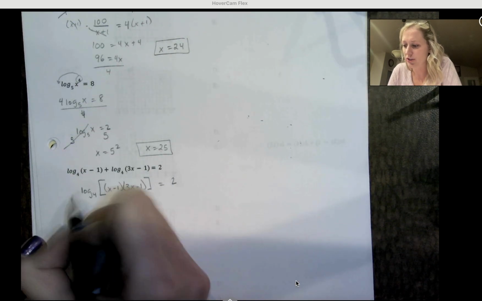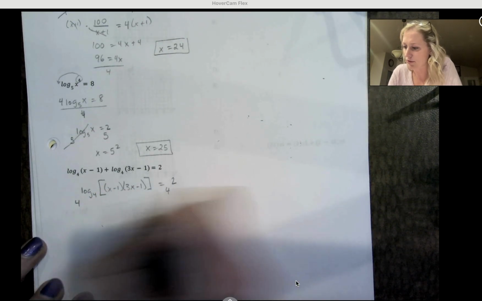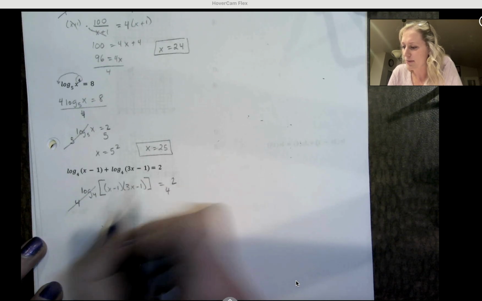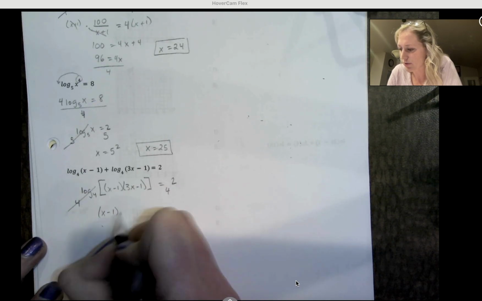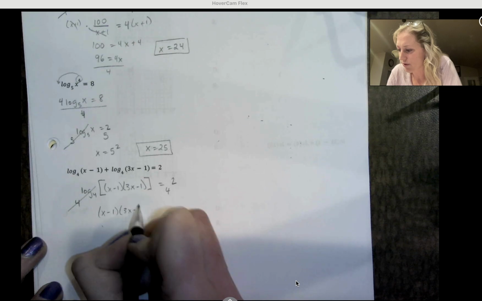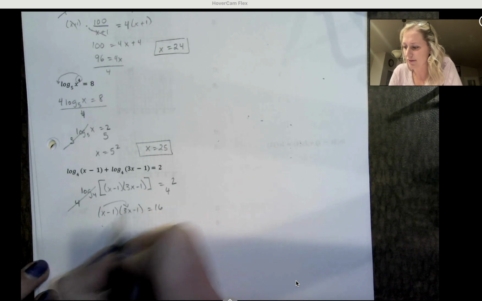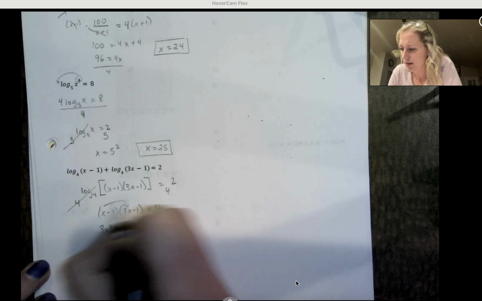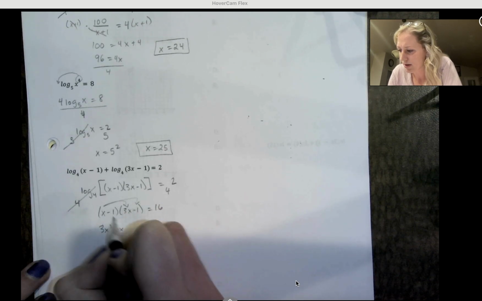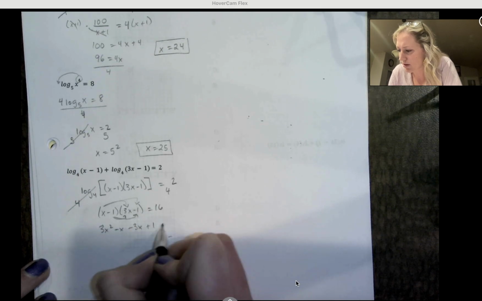So now that I have one log term, I'm going to apply that exponential of base 4. So now I am going to distribute over here to solve. 4 squared is 16. Okay, so I'm going to distribute. So I've got 3x squared minus x minus 3x, and then negative 1 times negative 1 is positive 1.